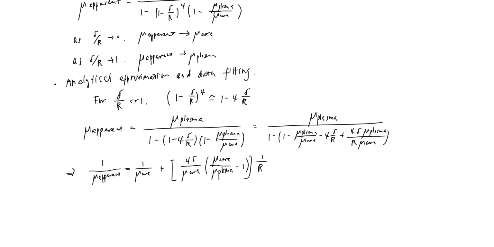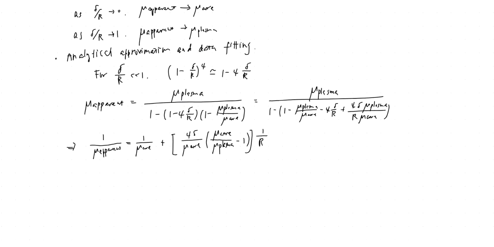If you do an experiment and plot this, a plot of 1 over mu apparent versus 1 over R is linear.